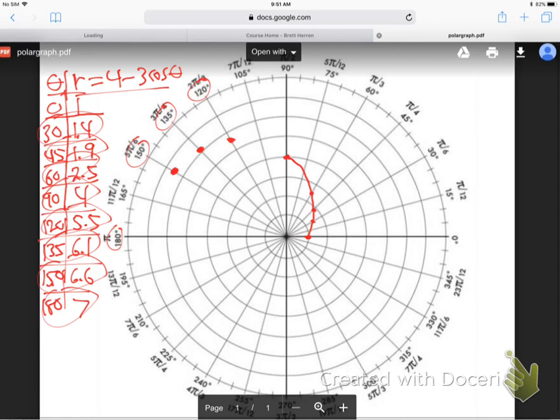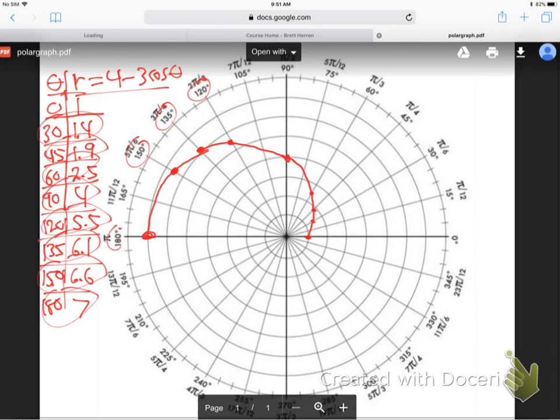And 180, all of a sudden it's at 7. No, that's 8, huh? So 7, is that right? 1, 2, 3, 4, 5, 6, yeah, 7. All right, so it's kind of going like this. It's not so rounded there, but it should be more rounded than I've got it. What was the 120? 5.5? So I didn't do that very well. Right there.